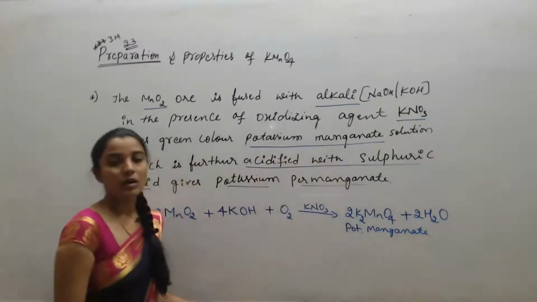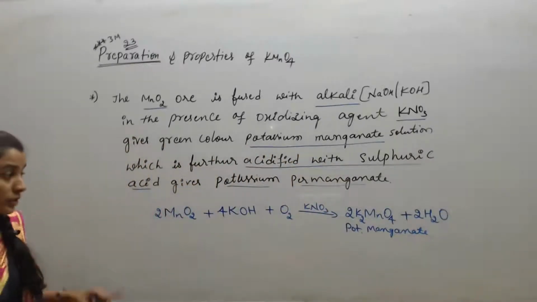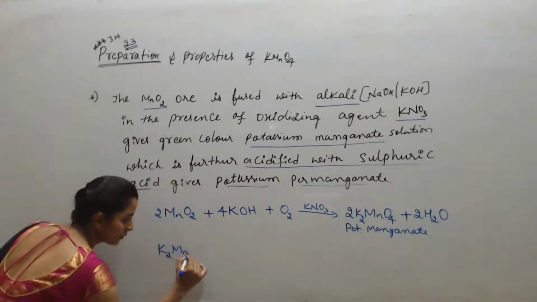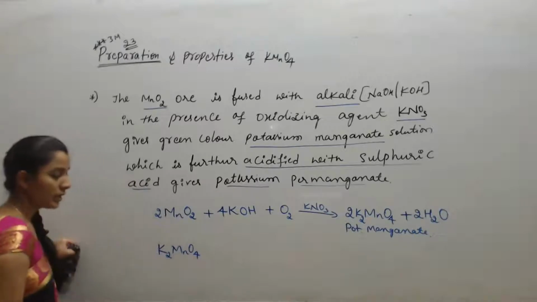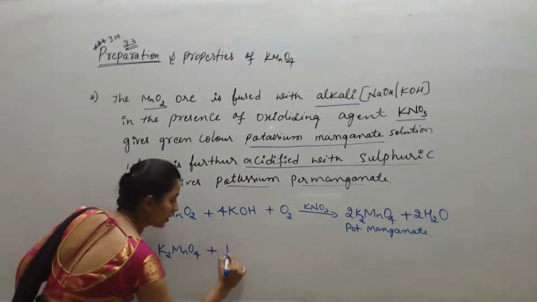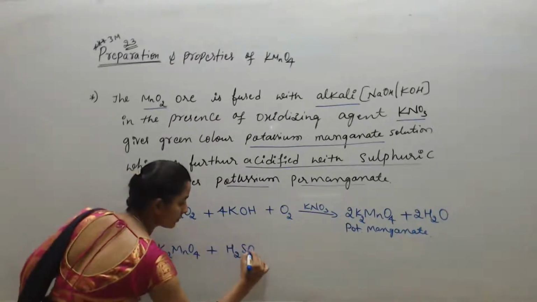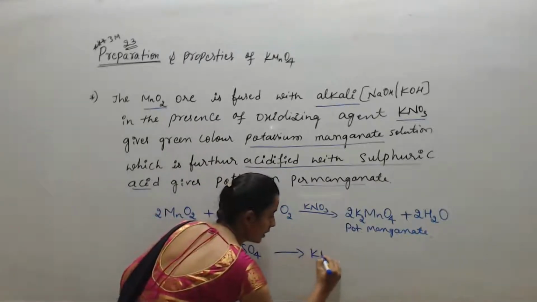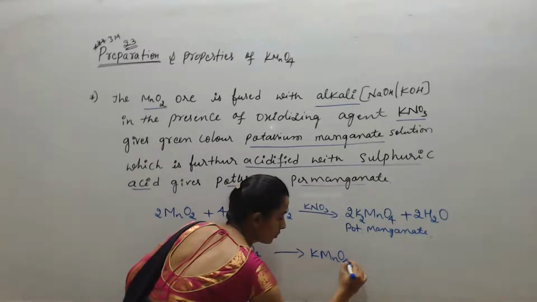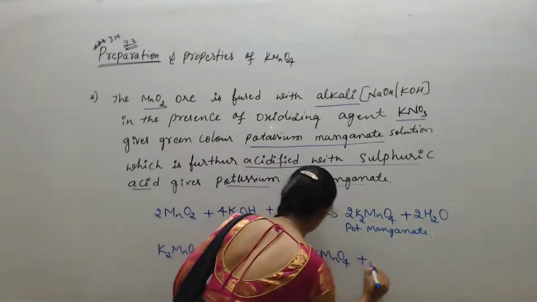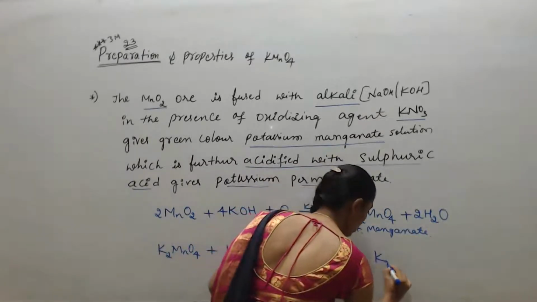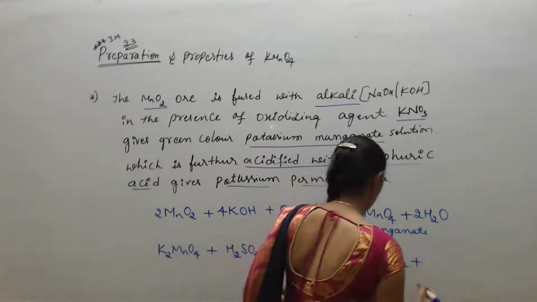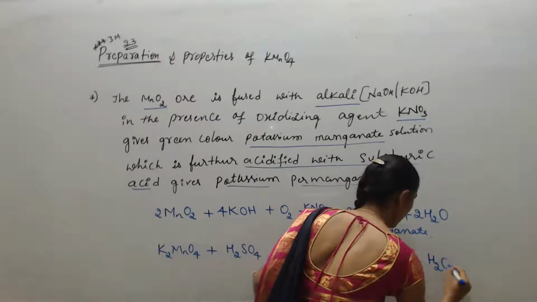This potassium manganate is acidified with H2SO4 and gives KMnO4 plus K2SO4 plus H2O.